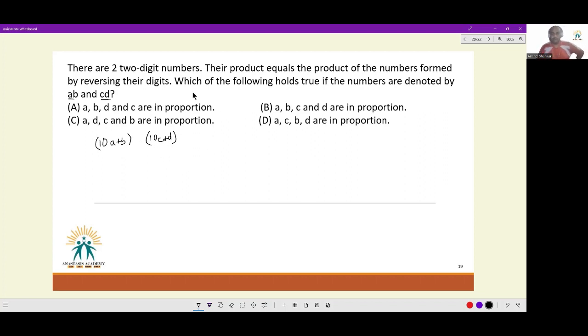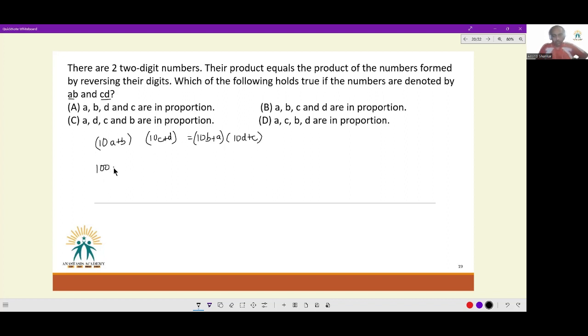Now, which of the following holds true? Their product is equal to the product of the numbers formed by reversing them. This is equal to 10B plus A times 10D plus C. Let's open up stuff.